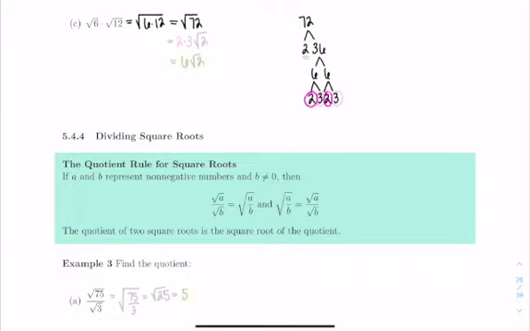So we have a pair of 2s and a pair of 3s with a 2 left over. So we have 2 times 3 with the square root of 2, which gives me 6 times the square root of 2.